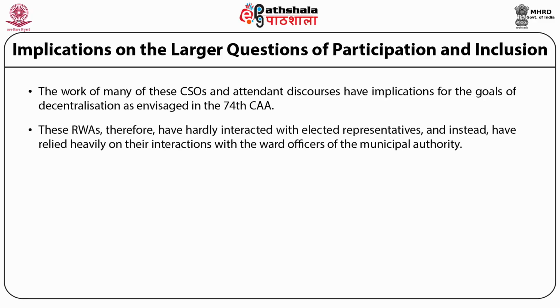The RWAs, therefore, have hardly interacted with elected representatives and instead have relied heavily on their interactions with the ward officers of the municipal authority. In the process of partnering with the executive wing, these associations have bypassed elected representatives and undermined their legitimacy.